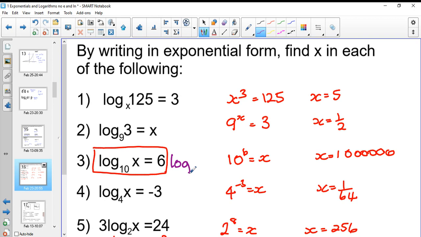So if it just says log x, then that means it's log to base 10. And you just assume that. So that's really important. If there isn't a little base there, and it just says log, then you know it's base 10.